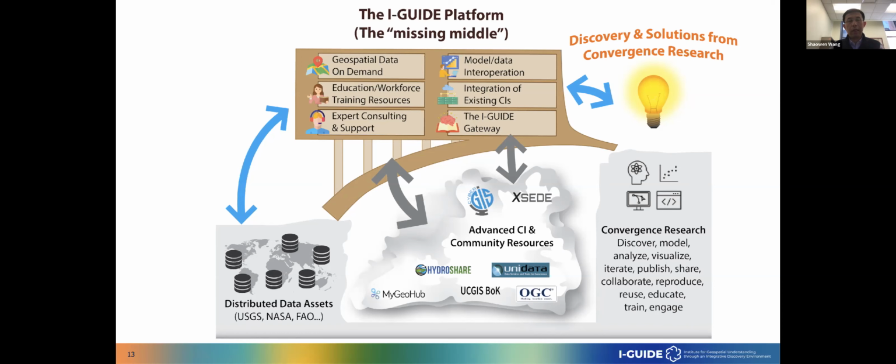So this platform we're developing is exactly serving this purpose, to lower the entry door for scientists to be able to harness massive distributed geospatial data, and at the same time to take advantage of very powerful computational cyber infrastructure resources. And the examples listed here, these cyber infrastructure and data resources are from different communities that cut across social and natural sciences.